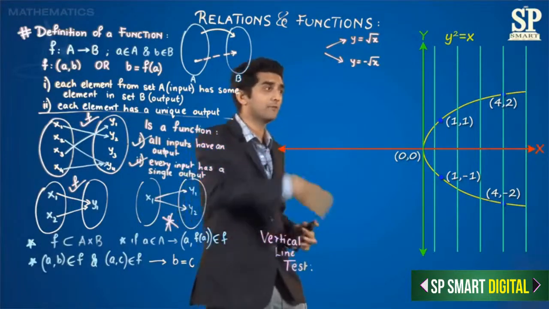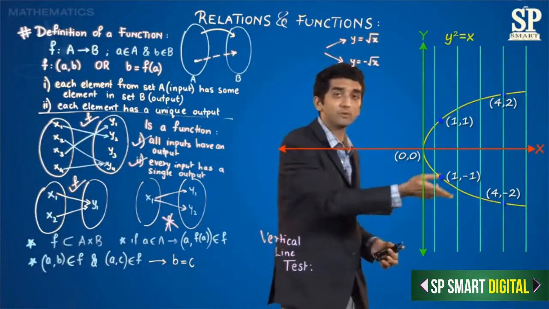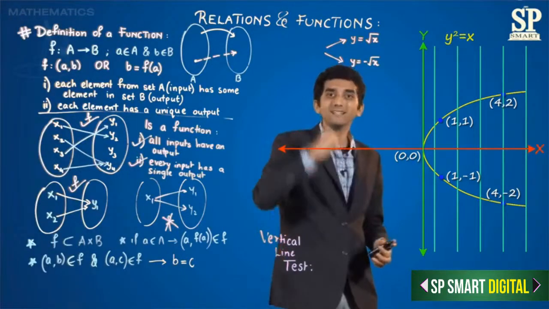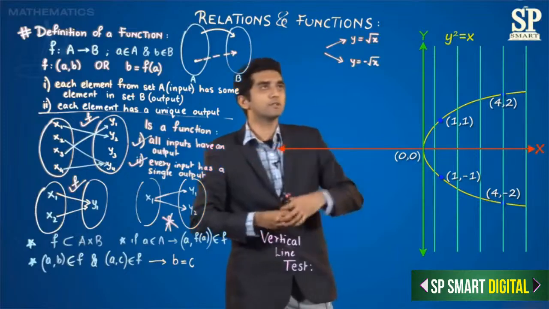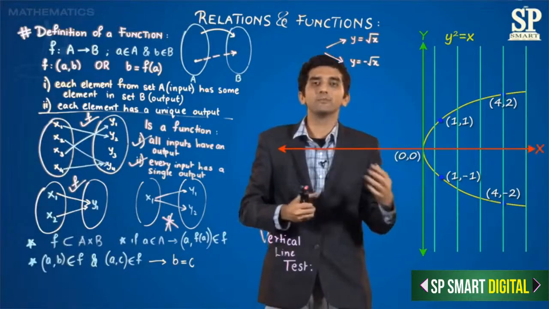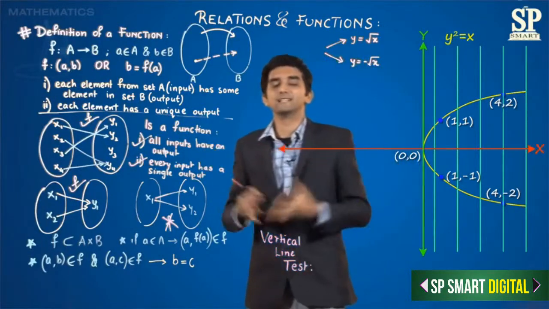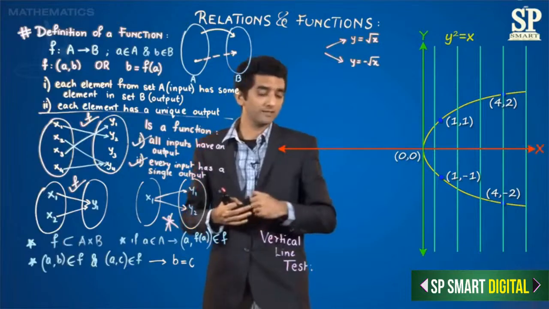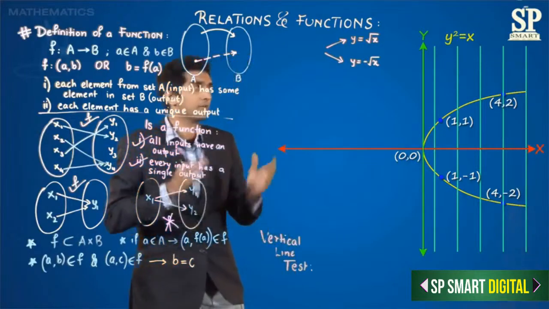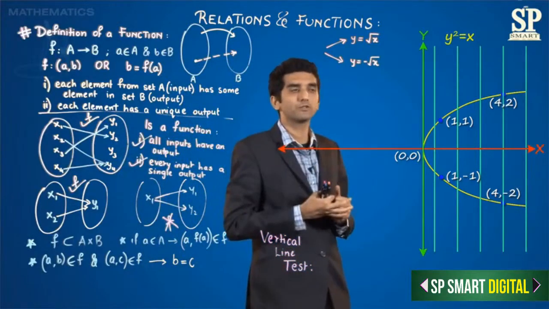Now on the other hand, if I forget about the top branch and I just consider y equal to minus root x, then even that is a function, right? So if I distribute y square equal to x, it is giving me two separate functions, but when I consider both of them together, it is a relation. So there is one thing that we have picked up from this. From y square equal to x, we are having two separate individual functions of sorts.